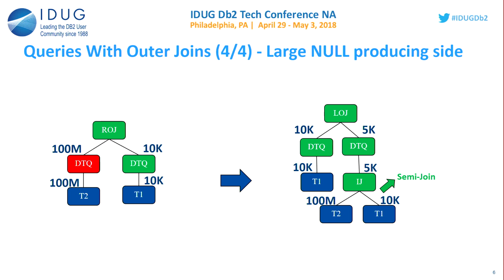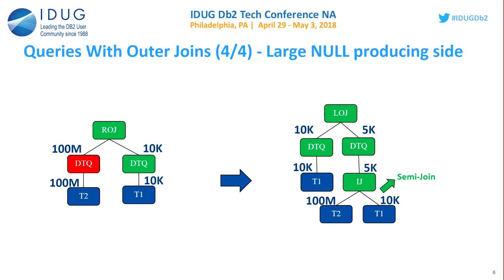The reason why we do a right outer join here is because if this is a hash join, we typically want the smaller table to be the hash table so that we don't use too much memory. But this is an expensive operation here.